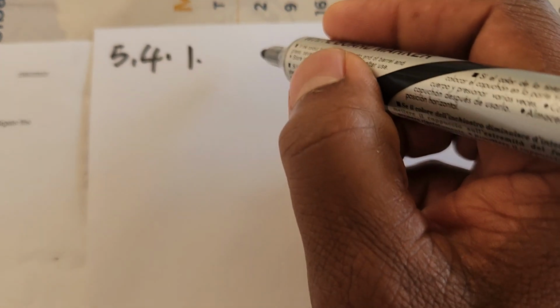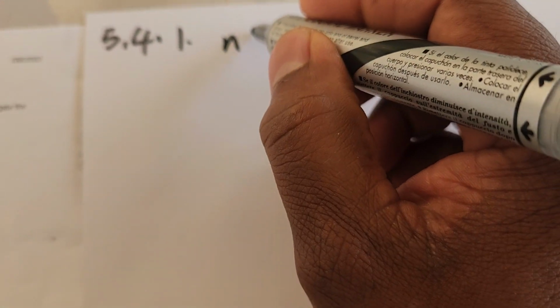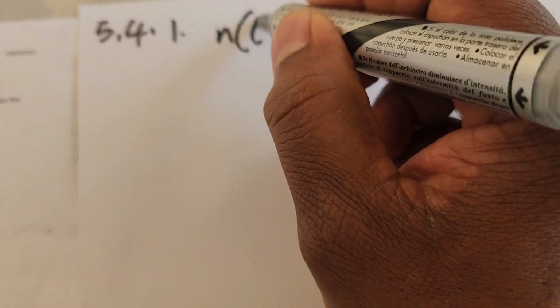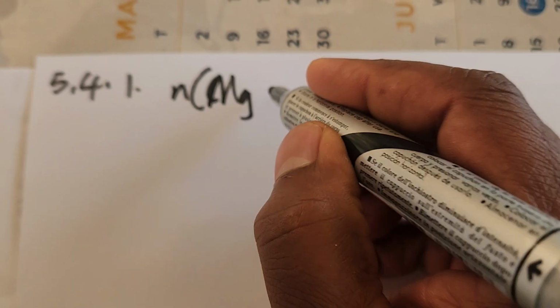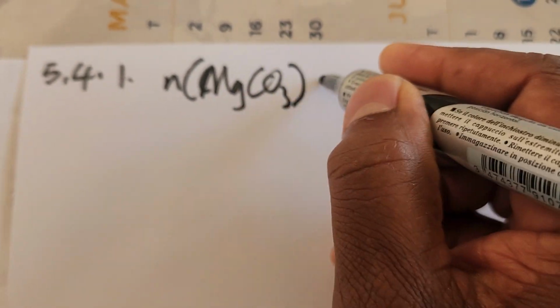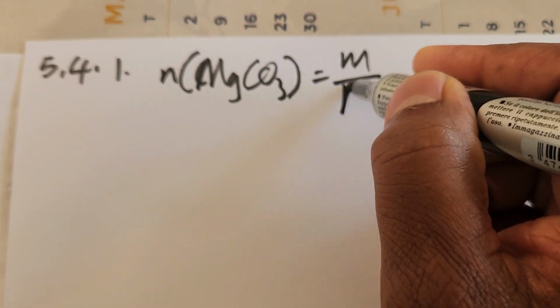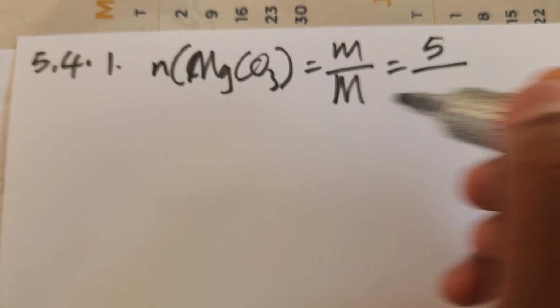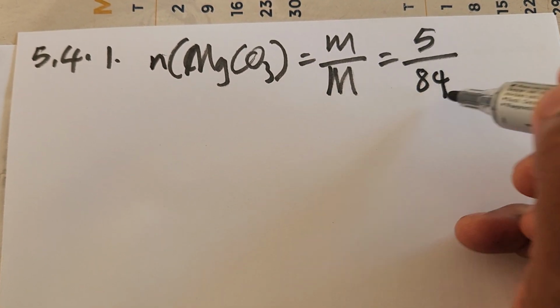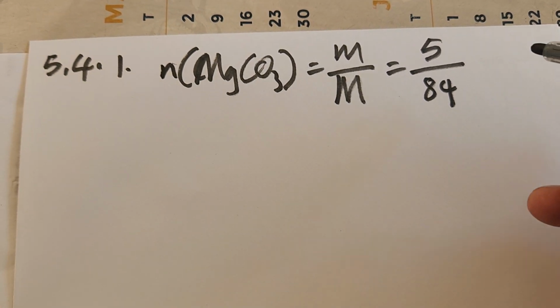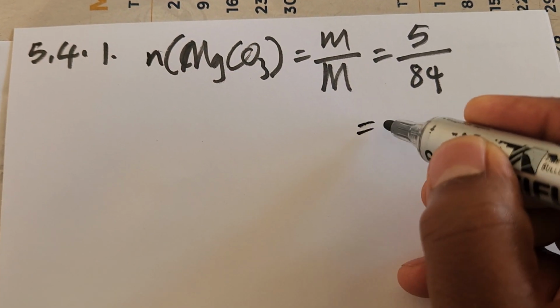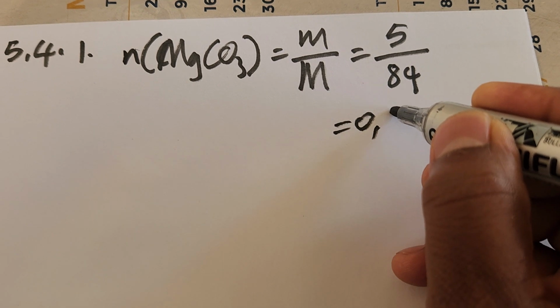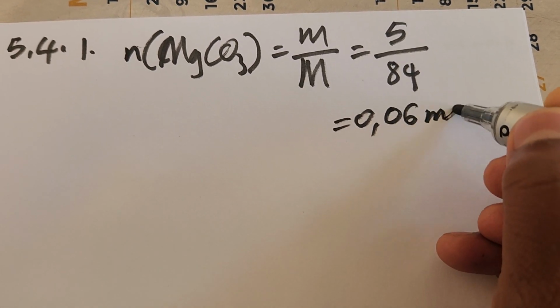We know the mass of magnesium carbonate is 5 grams, so the whole 5 grams will be used up. The number of moles of magnesium carbonate is the given mass over the molar mass, which is 5 grams over 84. Therefore, the answer is 0.06 mole.